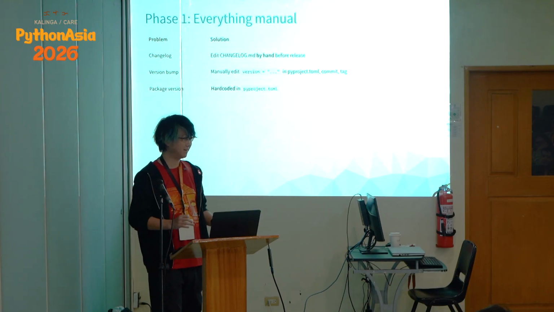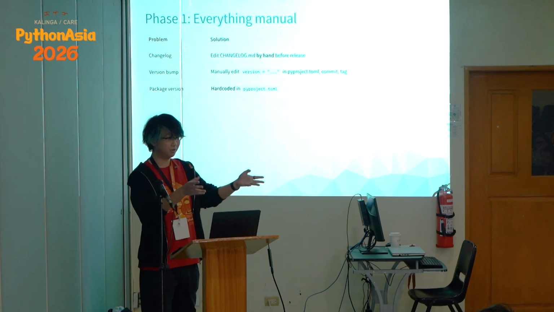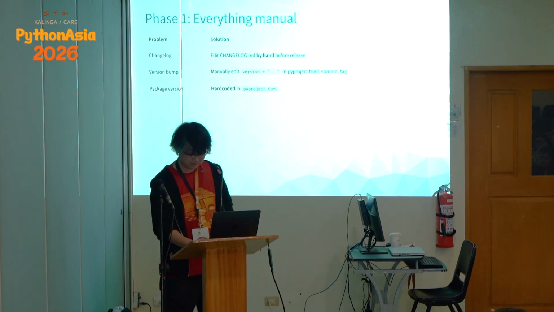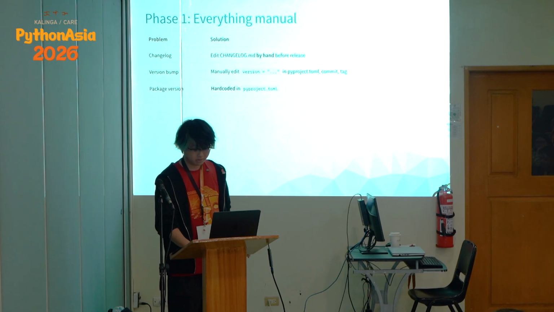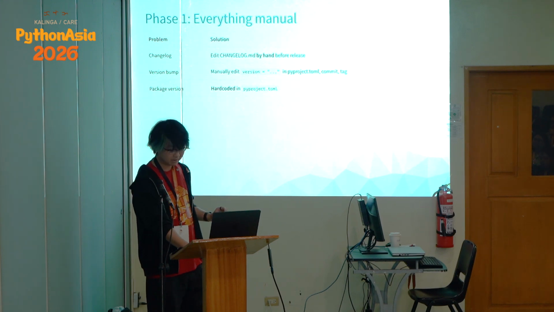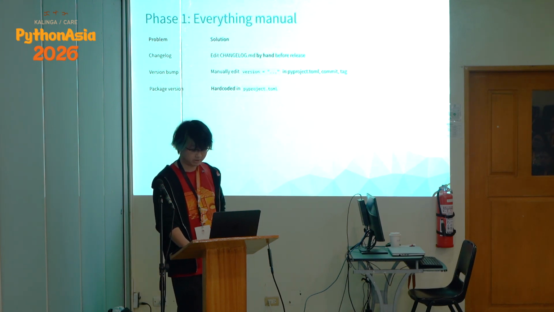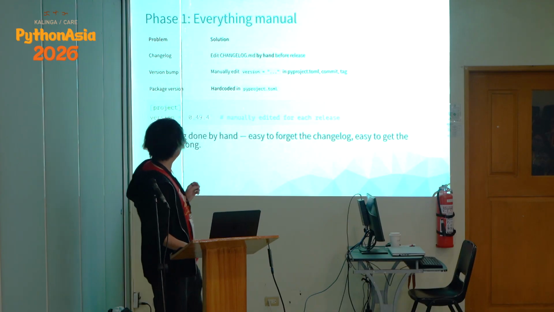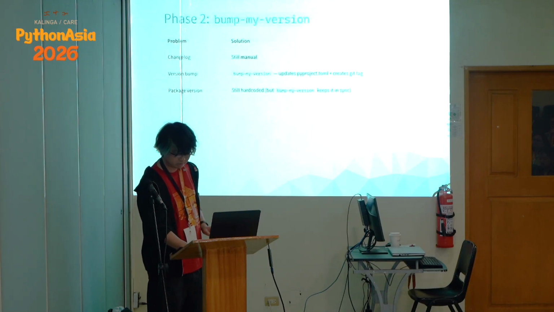It worked, and I think this is the starting point most of you will begin with. But it's super error prone. You forget the changelog update, mistype the version or tag, forget to attach a tag before committing, et cetera.